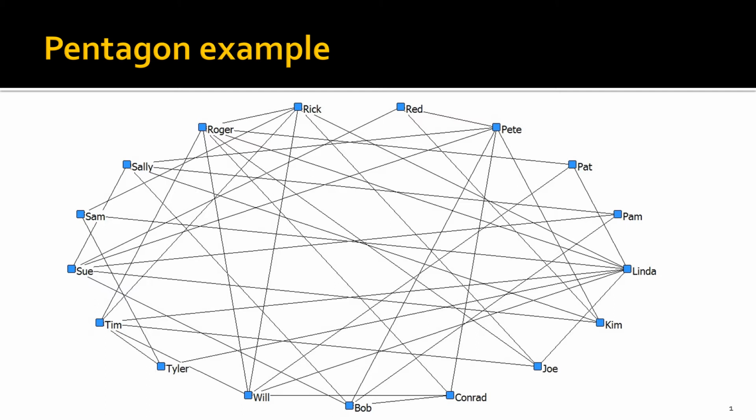Roger asked everyone to complete a network survey that asked them who amongst their coworkers they trusted to do a competent job and also trusted personally to basically have their back. And this network image that you're looking at is showing all of the relationships where both parties said that they felt a sense of trust for the other party.